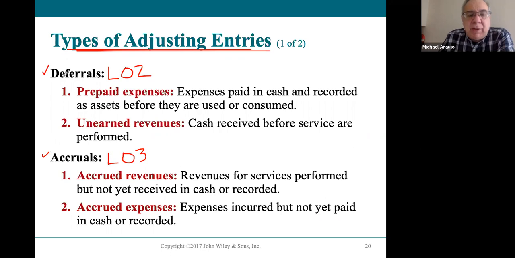Okay. But a deferral, basically, to defer, right, is to postpone or to wait to do something, right? And so here, deferred expenses means that you have to wait before you can say it's an expense. Well, then we start thinking, what do we have to wait for? Well, as you'll see, for example, supplies starts as an asset. When you buy supplies, it starts as an asset.